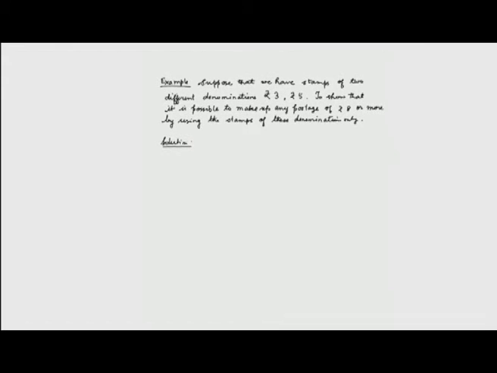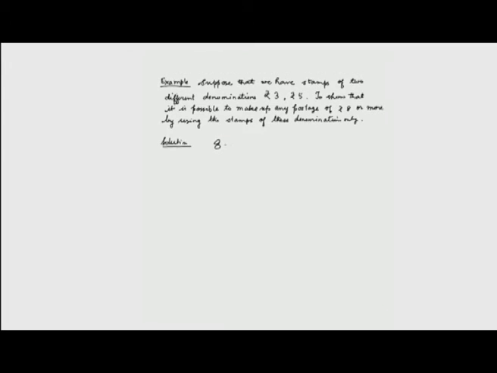Now, to solve this problem, we start from the beginning. If we have a postage of rupees 8, of course, 8 can be written as 3 plus 5. Now, let us check 9. 9 can be written as 3 plus 3 plus 3. 10 can be written as 5 plus 5.